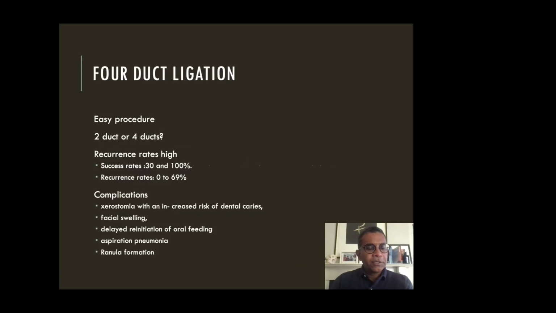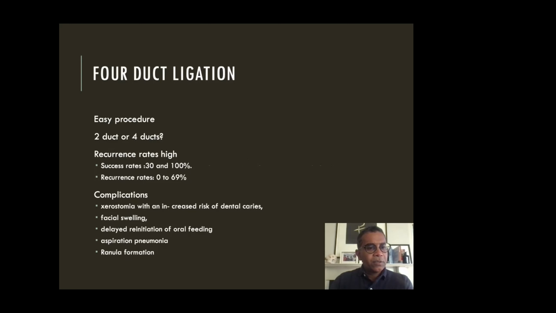Duct ligation has the advantages of being an easy procedure. The question of whether just the submandibular ducts or all four ducts, submandibular and parotid, should be ligated has not been answered. The disadvantages are that the recurrence rates vary from 30 to 100%.